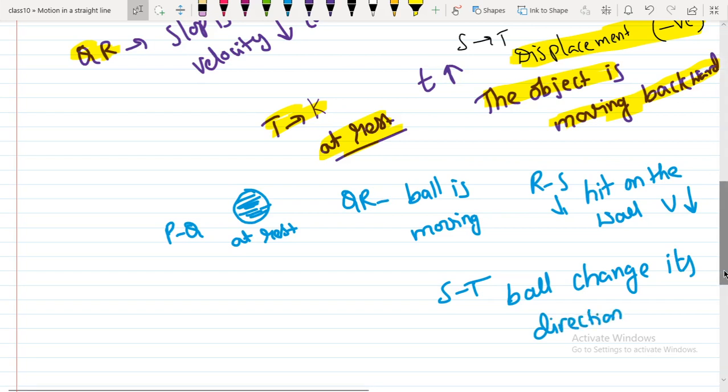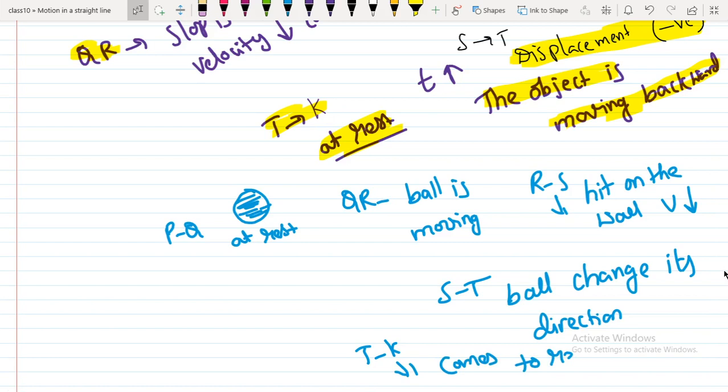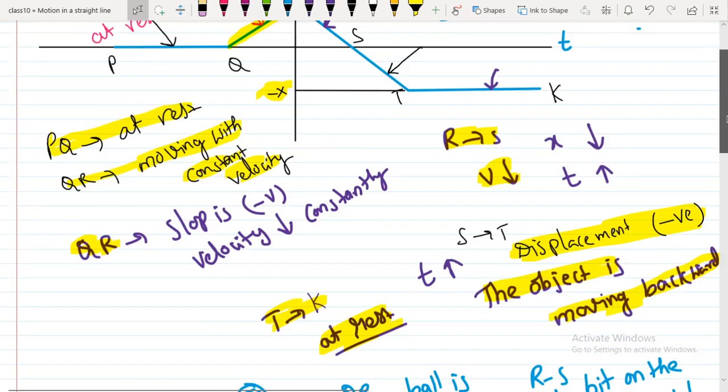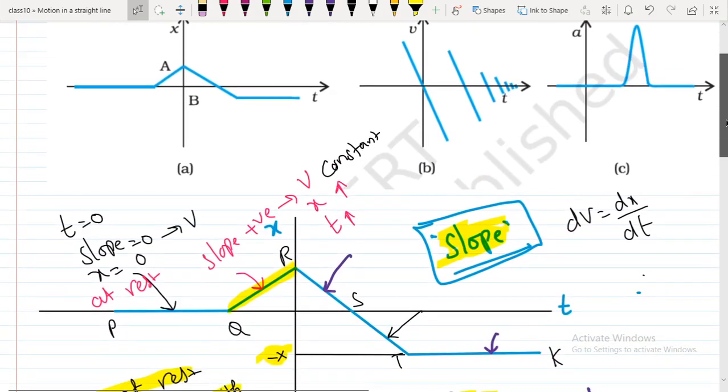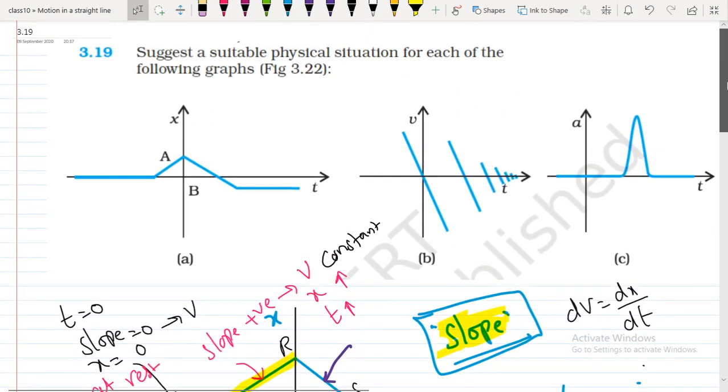Then from T to K, the ball comes to rest. The given graph gives the information about the slopes and the possible physical situation, so that could be one of the possible physical situations.